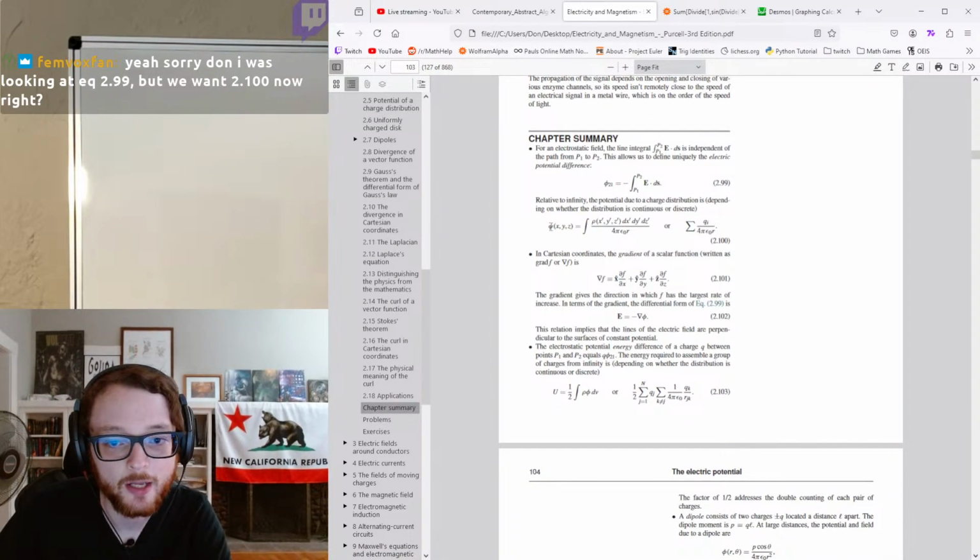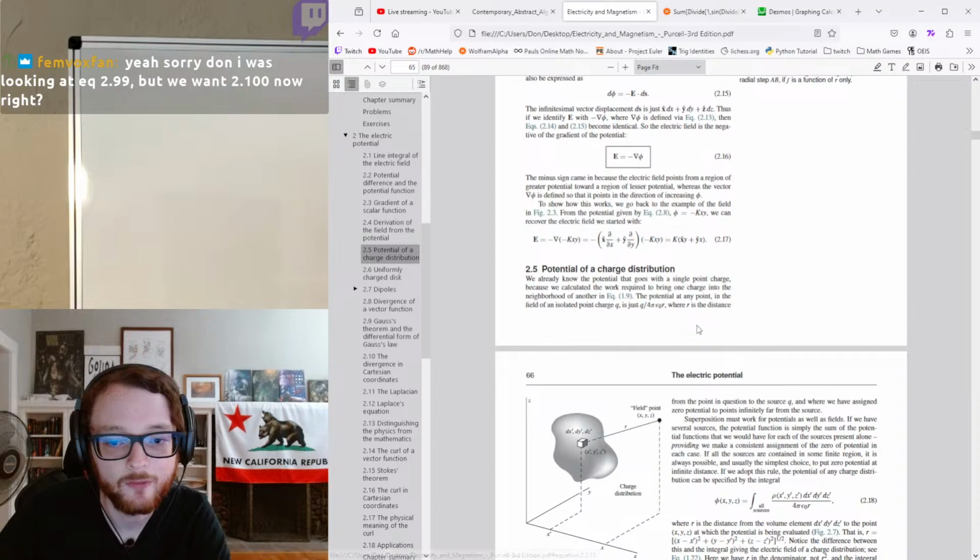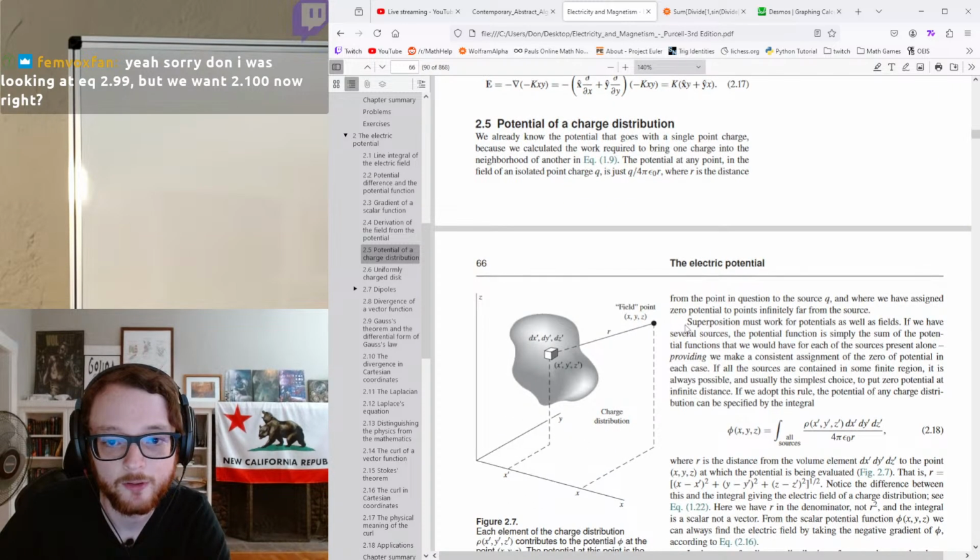Yeah, I was looking at 2.100. But I want to find it in the book to see the explanation for what this formula is again.